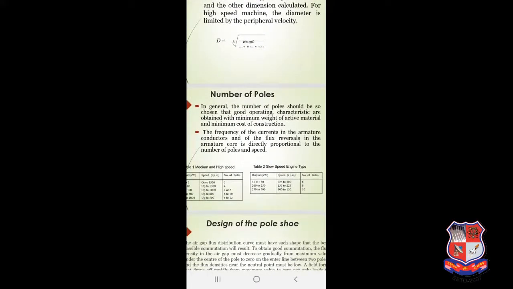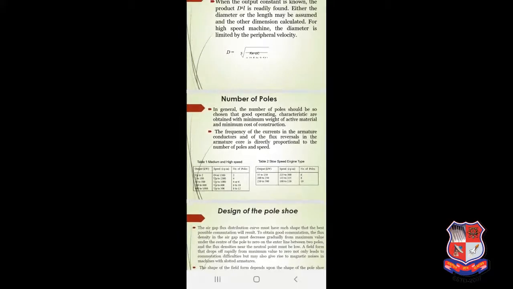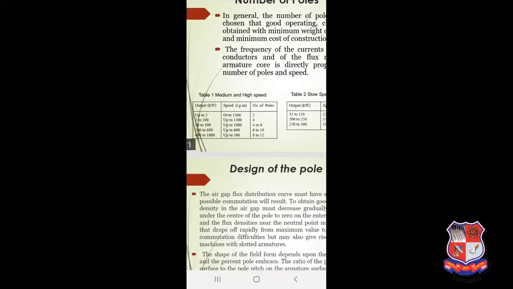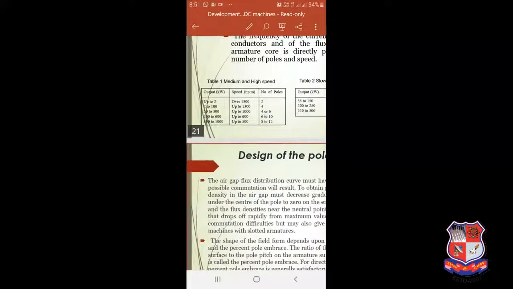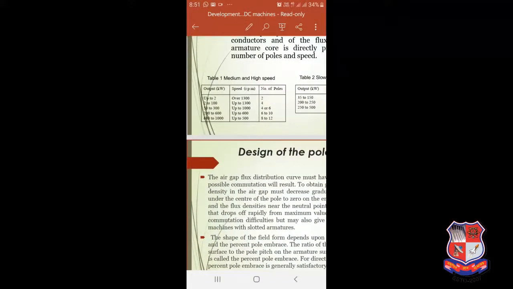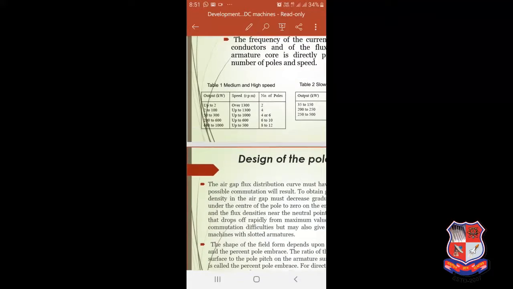Now the number of poles. For the calculation of the number of poles, there is one table given to you. According to your output in kilowatts, you can see there are two tables. One is for medium and high speed designs, and another is for slow speed machines. For a high speed machine, up to 2 kilowatt and over 1300 rpm speed, you need to design a 2-pole machine.